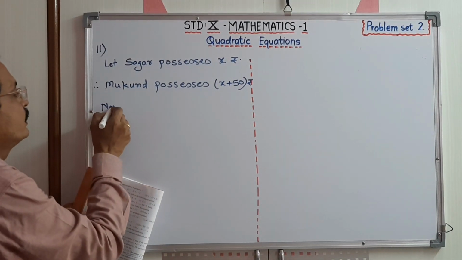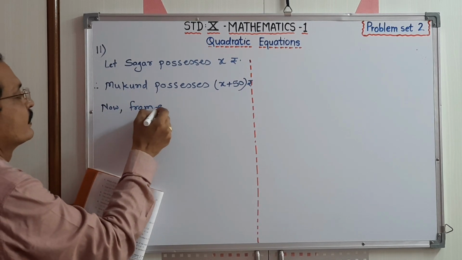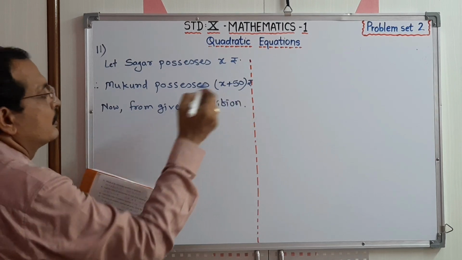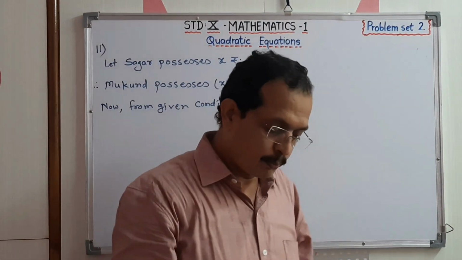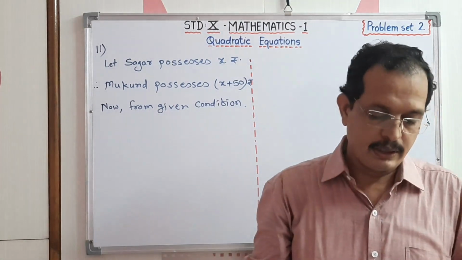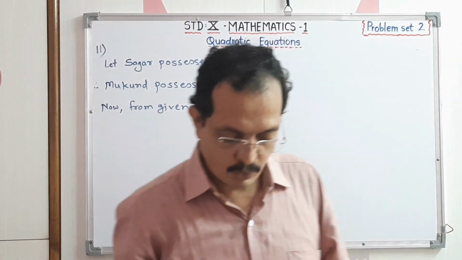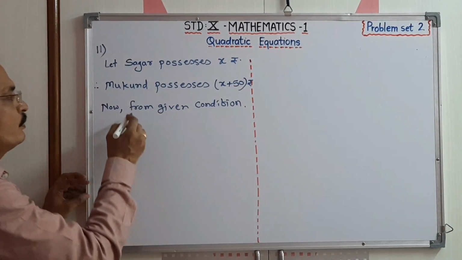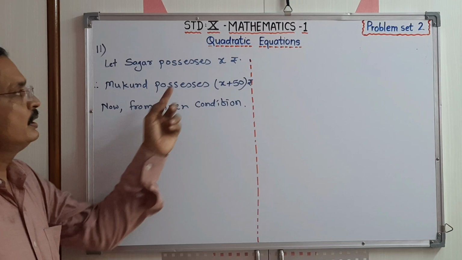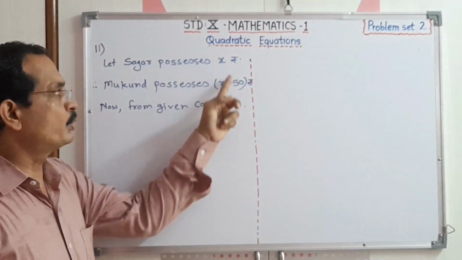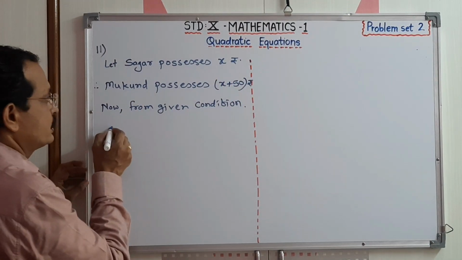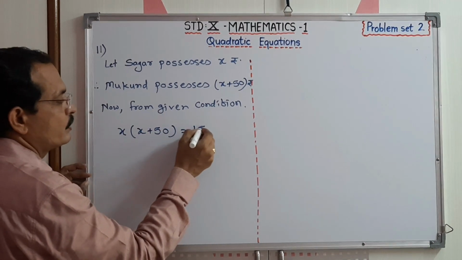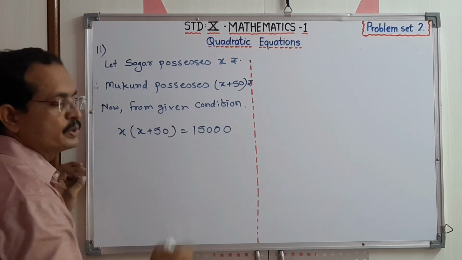Now, from the given condition, the product of the amount they have is 15,000, and we have to find the amount each one has. Therefore x into x plus 50 is equal to 15,000.